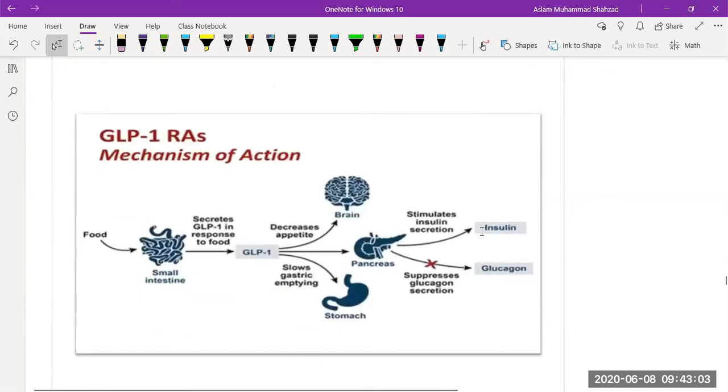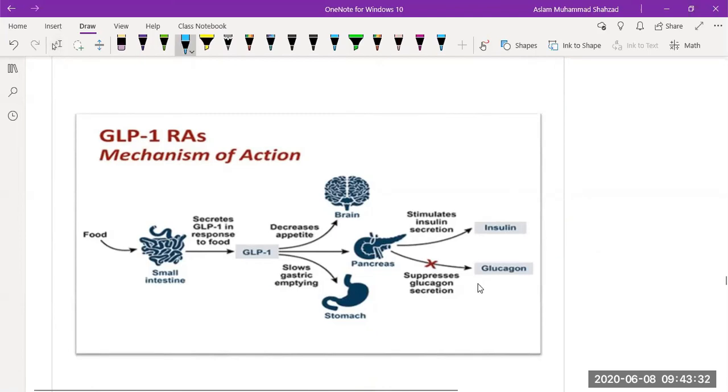And the mechanism they are talking about is, for example, food is taken, enters into the small intestine, and secretes GLP-1 in response to food. So when a person eats food, the increase of GLP-1 in response to food is responsible for producing a decrease of appetite through the brain, and through the pancreas by stimulating insulin secretion and suppressing glucagon secretion.